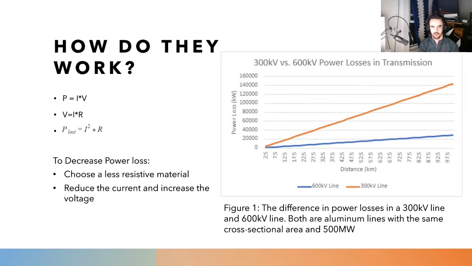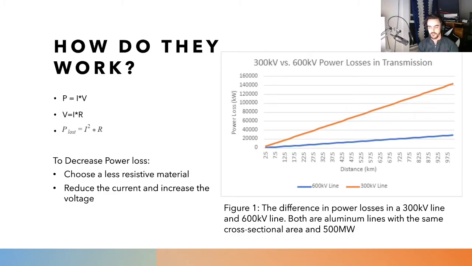So, how do they work? We know that power is equal to current times voltage. And from Ohm's law, we know that voltage is equal to current times resistance. So, if we substitute Ohm's law for voltage into the top equation, we get that power loss is equal to current squared times resistance.